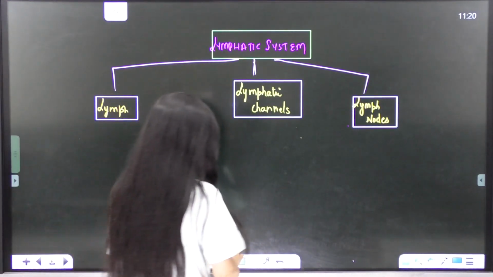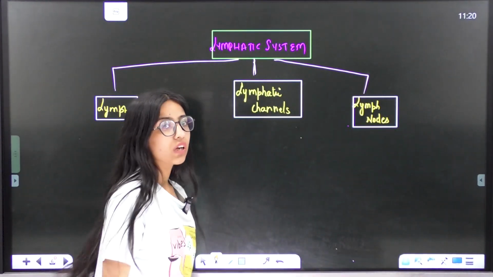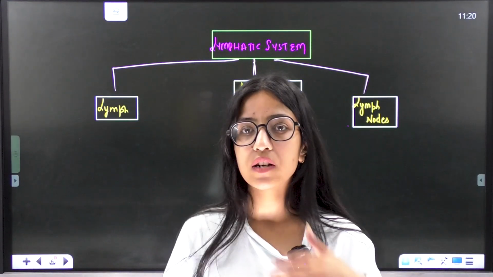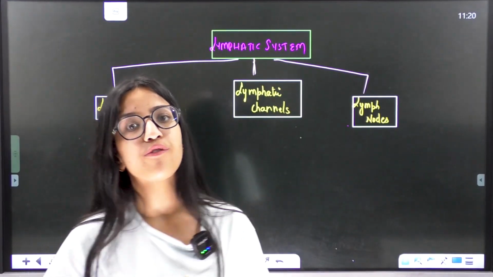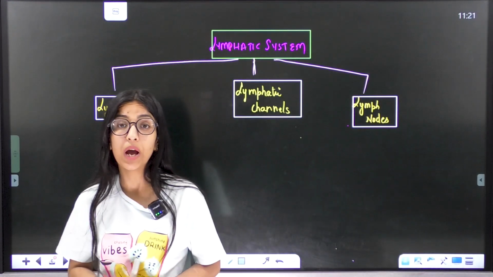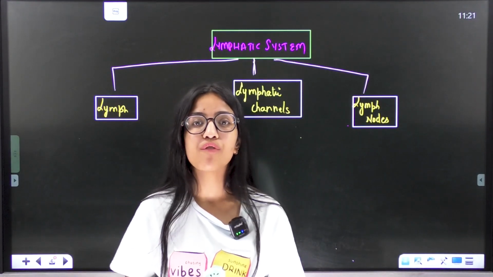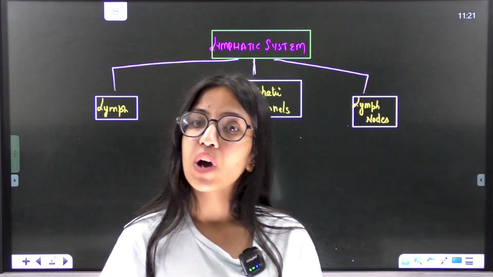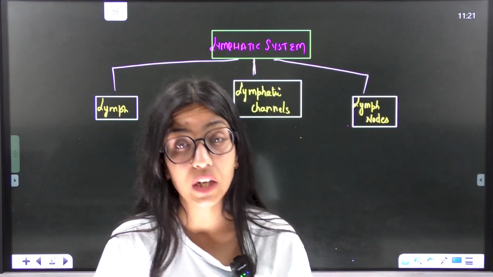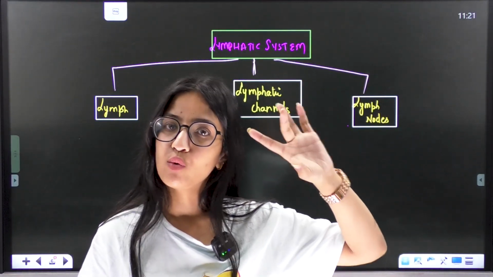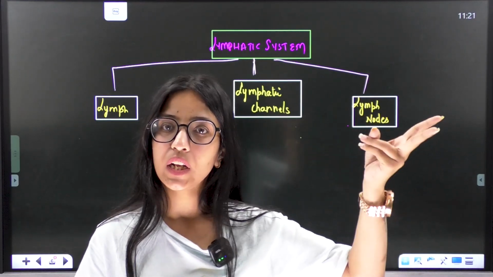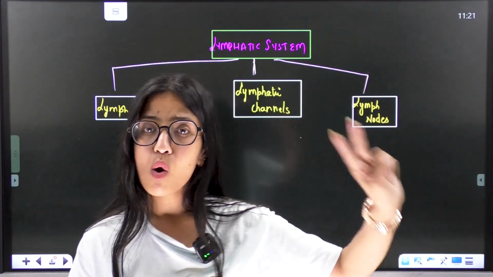Okay, so again we will compare the lymph of frog with ours. Our lymph is colorless. Likewise, the lymph of frog is also colorless. Why? Due to the absence of RBC. But lymph contains white blood cells. Lymph does not possess RBC, but it has white blood cells.